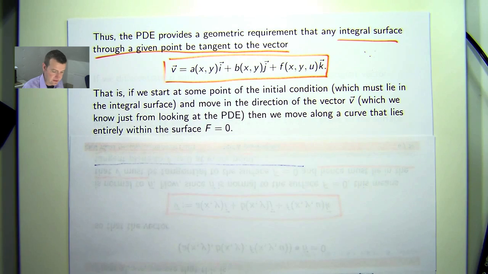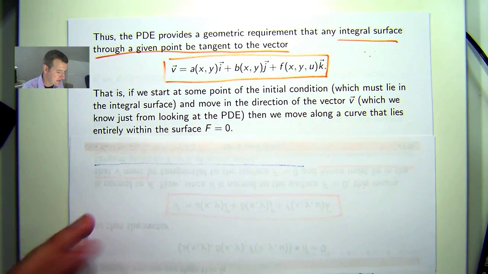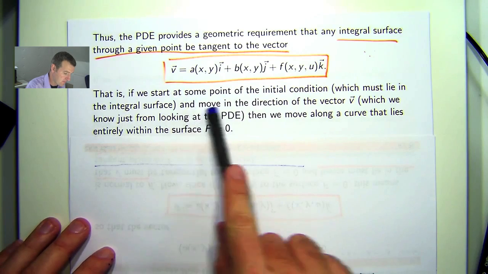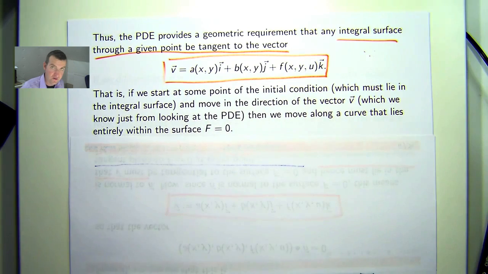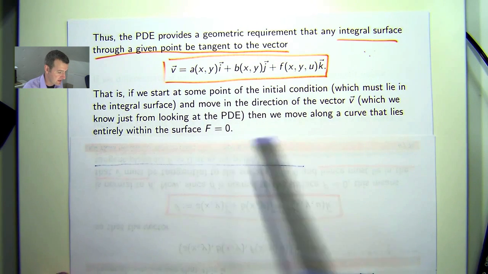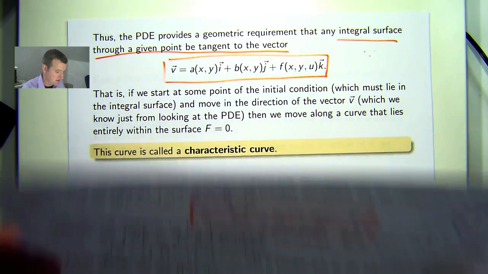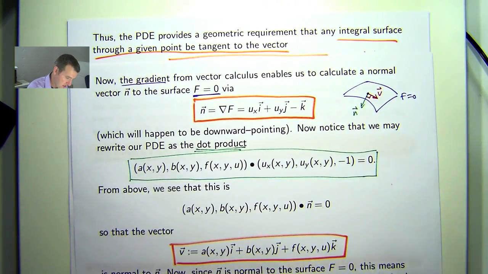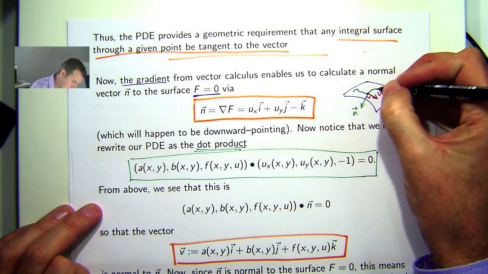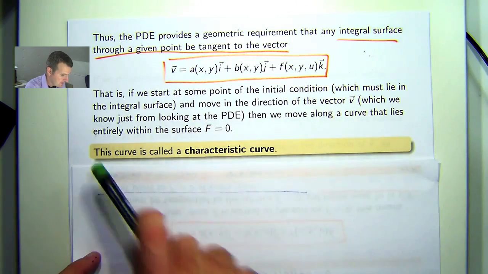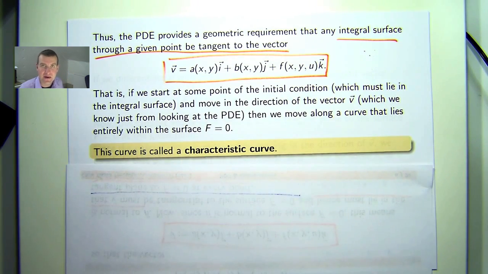So that means that if we start at some point of the initial condition, which must lie in that integral surface, and we move in the direction of the vector V, which we know from just looking at the coefficients on the right-hand side of the PDE, then we move along a curve that lies entirely within the surface, f equals 0. So think of maybe a curve lying in the surface here. This curve is called a characteristic curve.